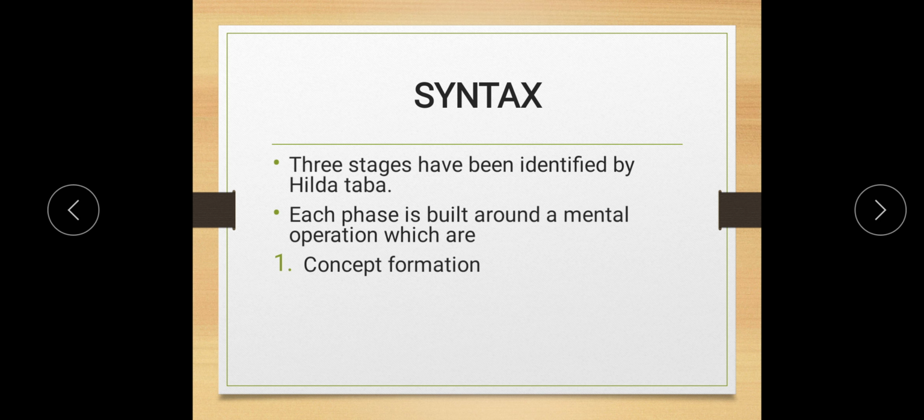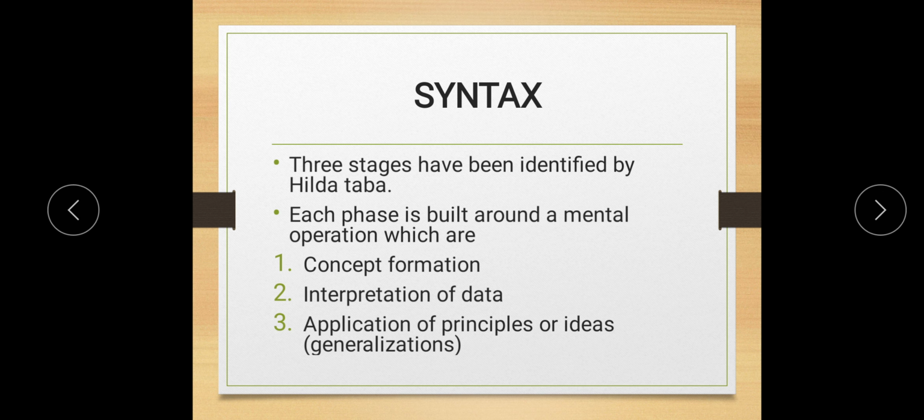Okay, now what is a mental operation? Mental operation is nothing but your thought process, the way you think. The first mental operation is concept formation. Second one is interpretation of data. And the third one is application of principles or ideas. So in a general way, I can say it is a generalization, applying it to a lot of people, a population.